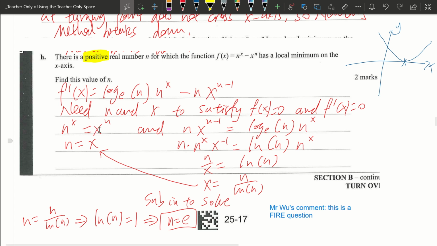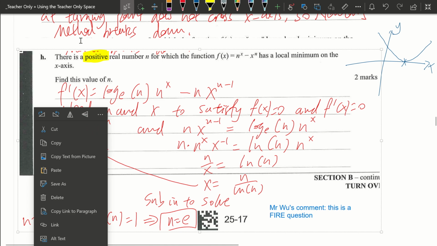So x becomes the base and n becomes the exponent. I looked at this for a very long time, and then I thought, well, this equation will hold if n and x are the same, right?